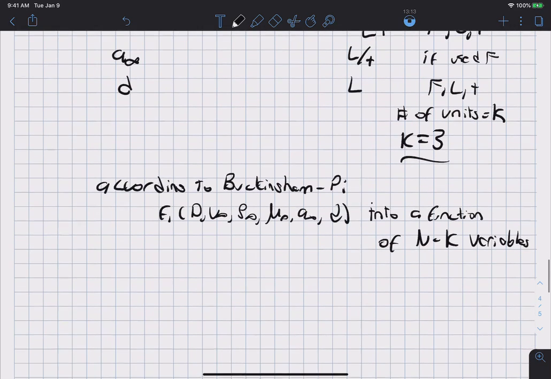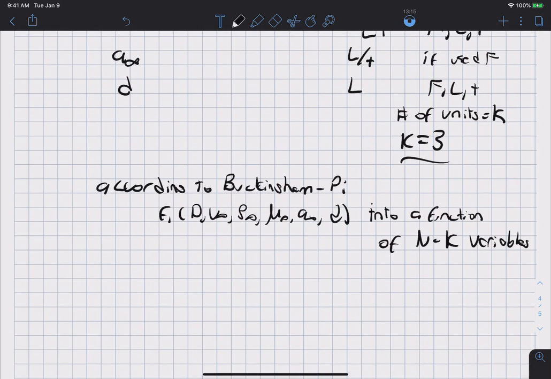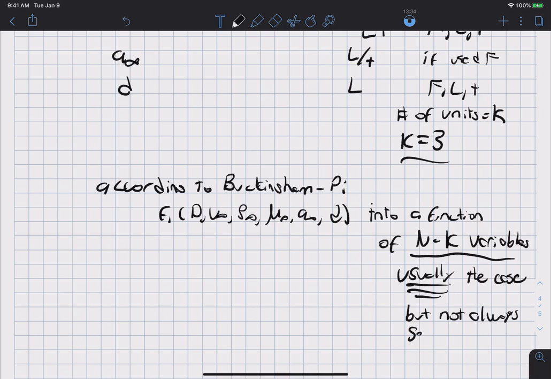There is a small caveat to this that almost never occurs: this is usually the case, but not always. I'll discuss this a bit later on, and you can see example 7.3 as a situation when that occurs.